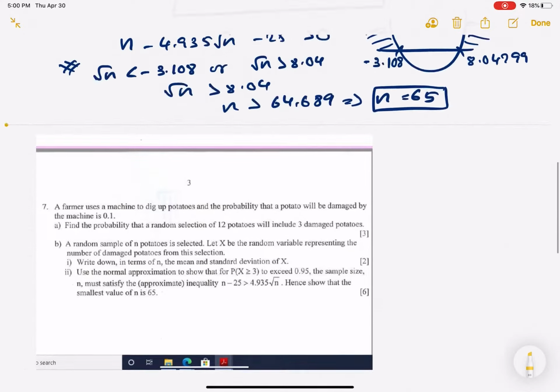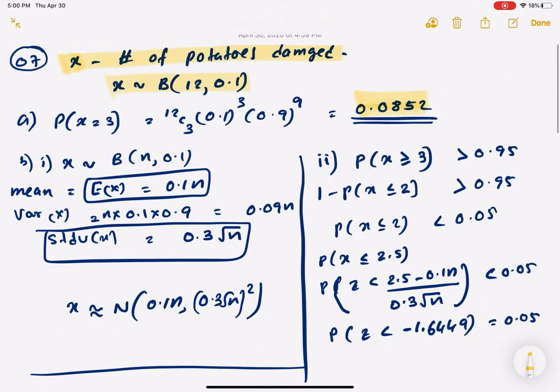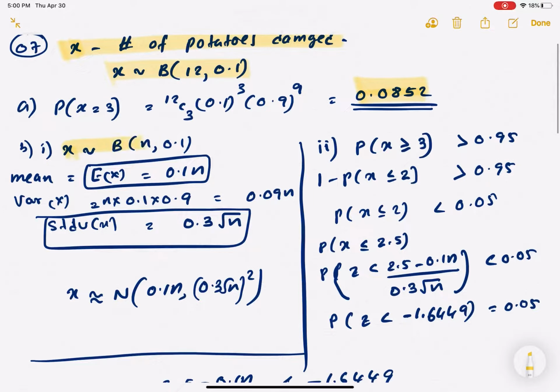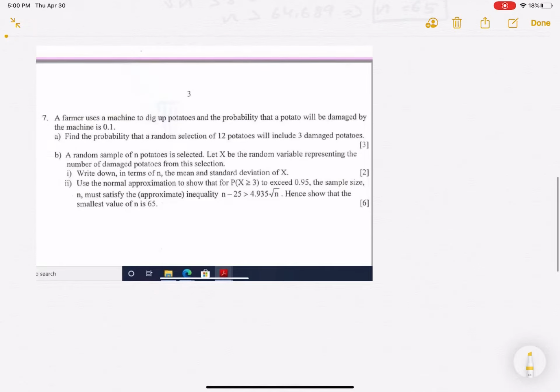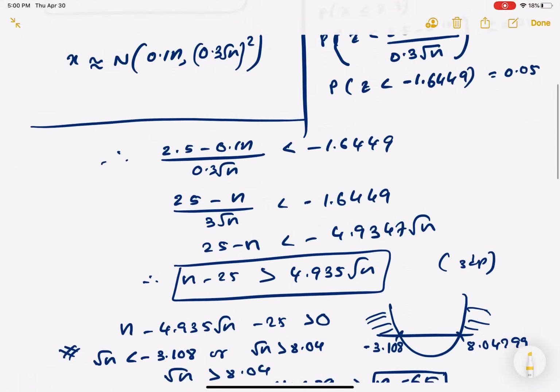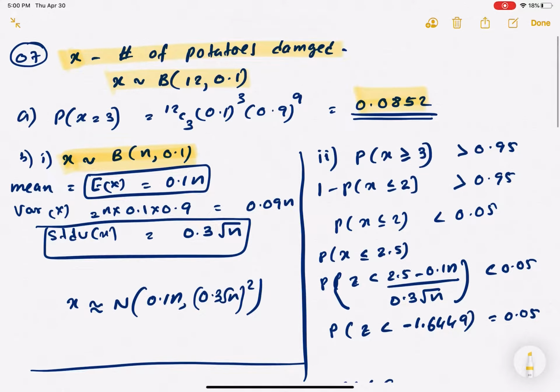So you can see this clearly. I have defined it once again as x following a binomial distribution with n number of outcomes and a success probability of 0.1 still. So they tell you to write down the mean and standard deviation for capital X. Right. So the mean is always considered to be the expected value, which you can see is np.